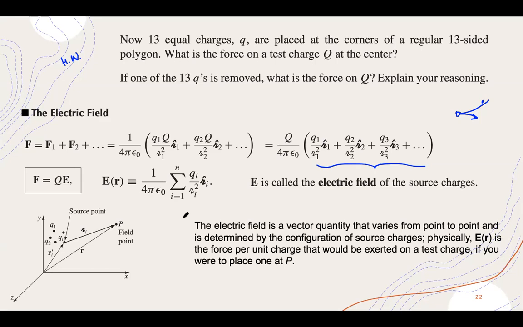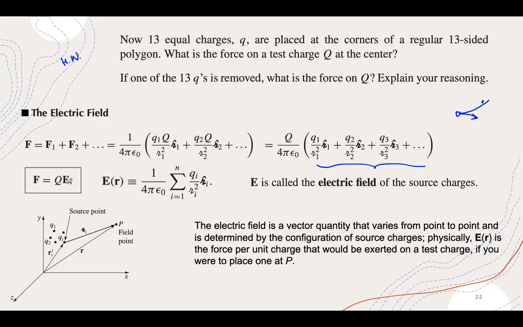Now, to complete the definition, we can say that the electric field is a vectorial quantity that varies from point to point and is determined by the configuration of the source charges. Physically, E of R is the force per unit charge, which you can see from here.